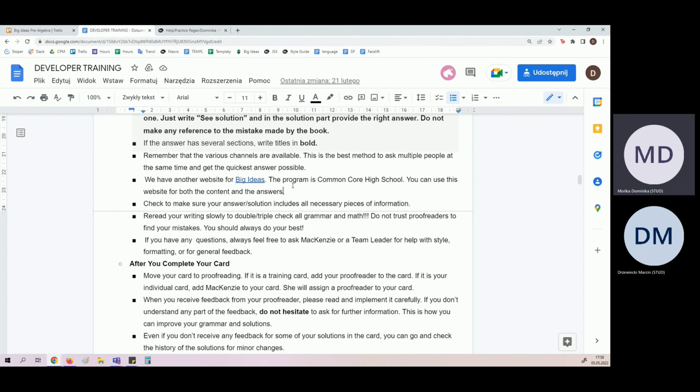And sometimes when solutions have mistakes, the users report it and then we correct them. Usually Mackenzie does it, or some team leaders, because this is not really a lot of work, so we don't spread it through the whole team. But anyway, this is also a chance that a user will spot a mistake, they can report it, and we try to correct this as fast as we can.